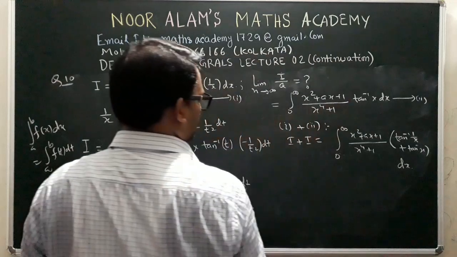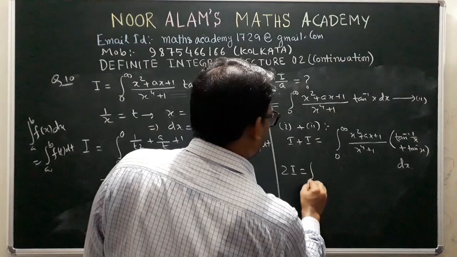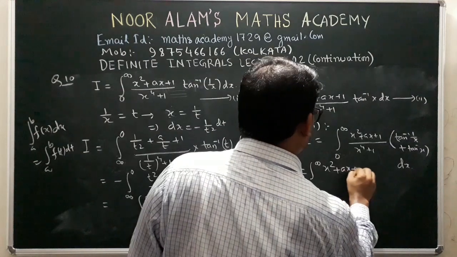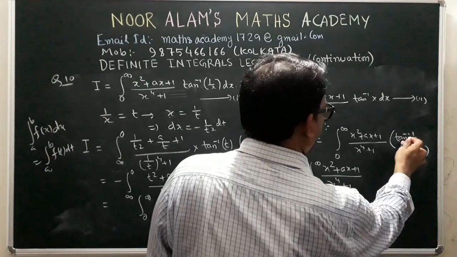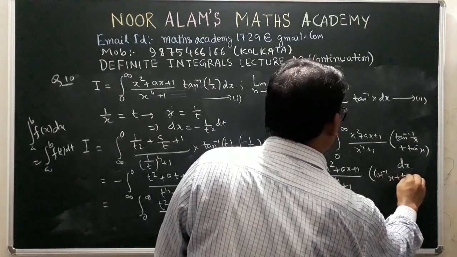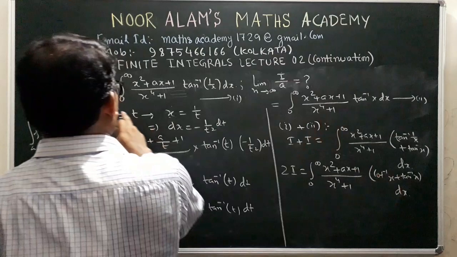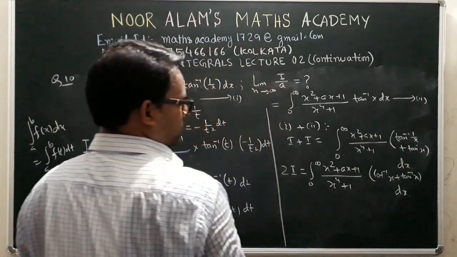So now we get I plus I, 2I, equal to 0 to infinity, x square plus ax plus 1 by x power 4 plus 1, and you know that tan inverse 1 by x is nothing but cot inverse x, because here x is positive, 0 to infinity.